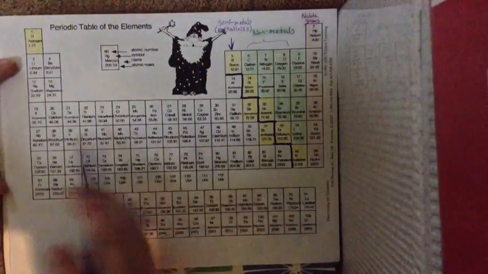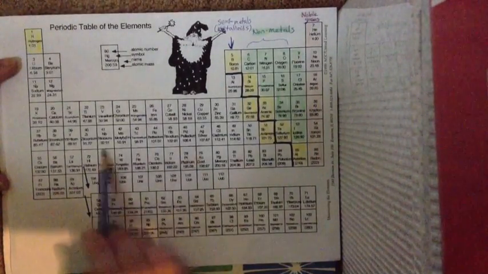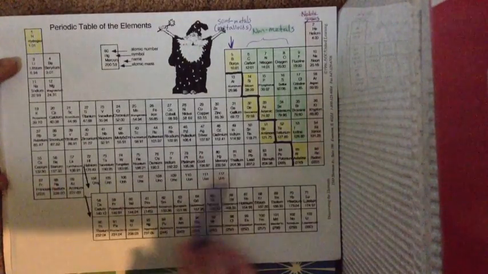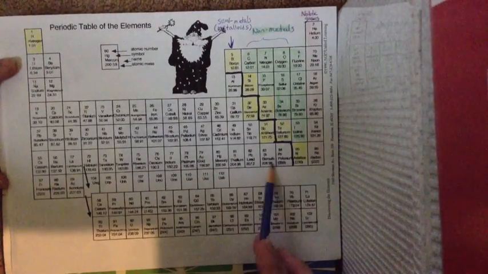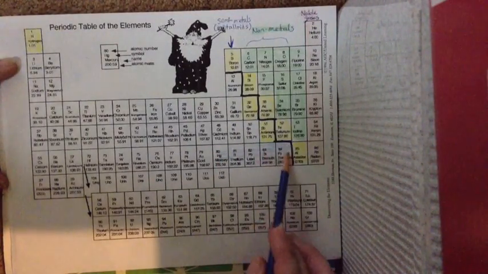Okay, so that leaves everything over here, and all this stuff over here are called metals. So we have a lot of metals.